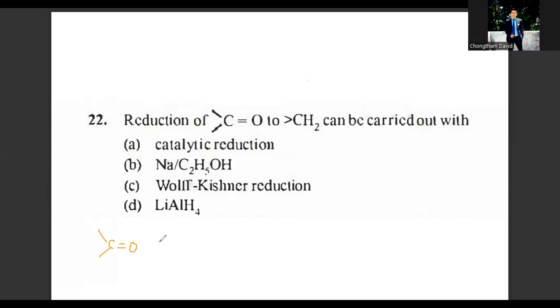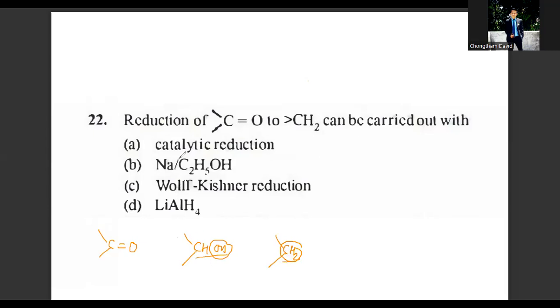This C double O group can be changed to a CHOH group and not this sp3 hybridized carbon. So catalytic reduction of this carbonyl group with sodium in alcohol and lithium aluminum hydride will reduce this carbonyl to an alcohol group and not alkane.